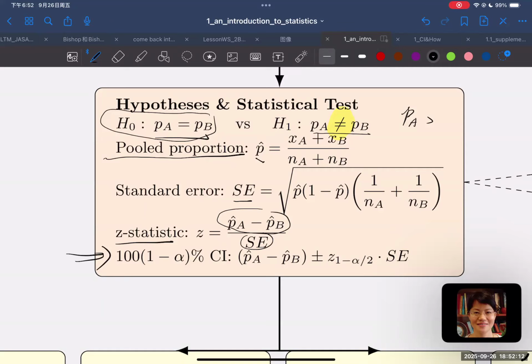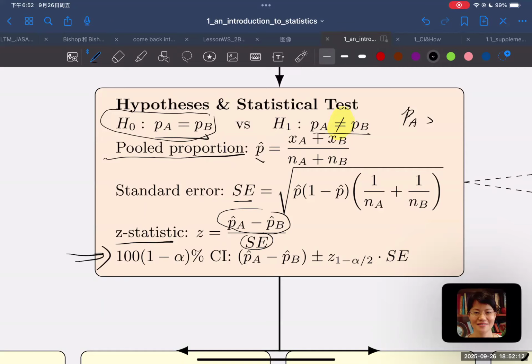If this p-value is less than alpha, you know, alpha is a pre-assigned level of significance. It's a very small value, usually like 0.05. But right now the p-value you calculate is less than it. That means such an event rarely occurs, right?